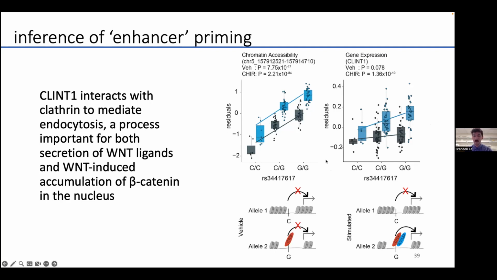So we can develop this mechanism where the G allele at this site is maybe more conducive to binding of a transcription factor that maintains the openness of the chromatin here, but only upon Wnt stimulation do transcription factors that drive gene expression arrive. In this case, they may be TCF/LEF factors, based on the presence of that binding site in the peak. We thought this was an interesting example because CLINT1 is a protein that could potentially affect Wnt signaling itself through its roles in endocytosis and secretion of Wnt ligands.